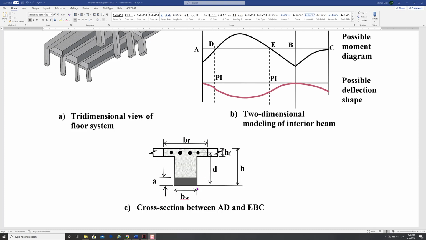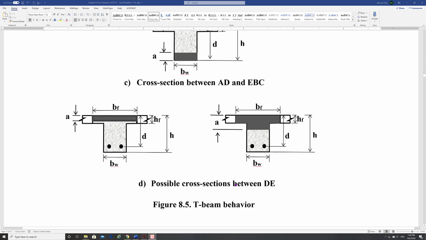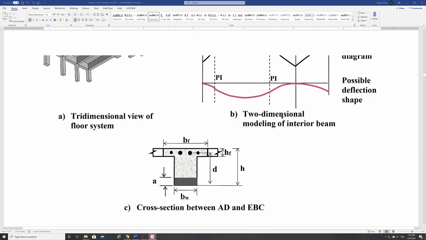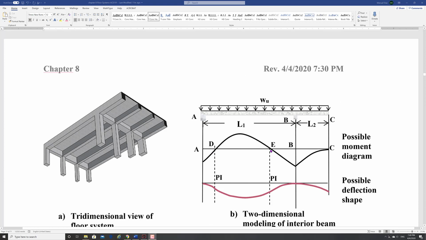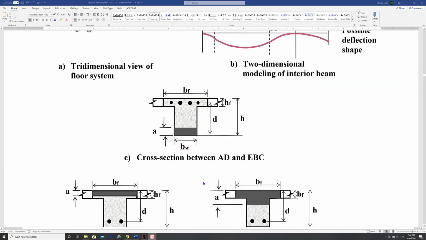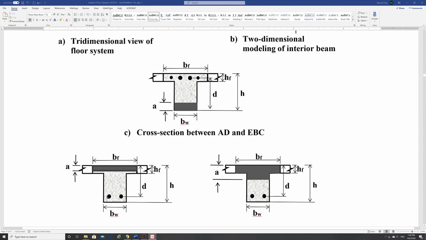When you go into the DE section, the positive moment, that's when we get into a little bit of trouble, because now the tension is at the bottom and the compression is at the top. And this is where we have those two cases.